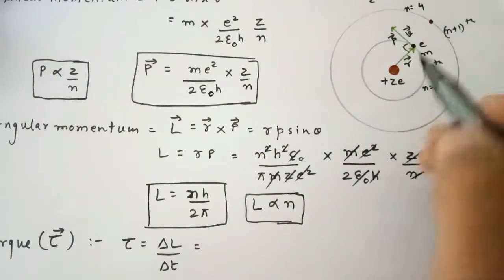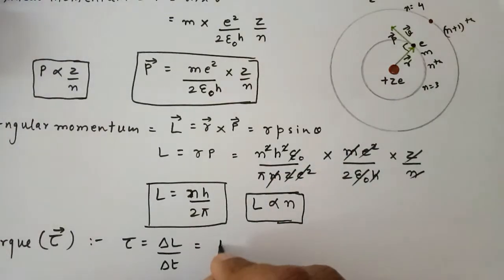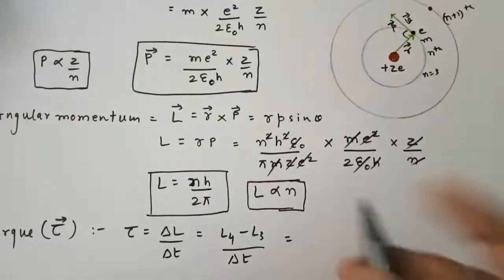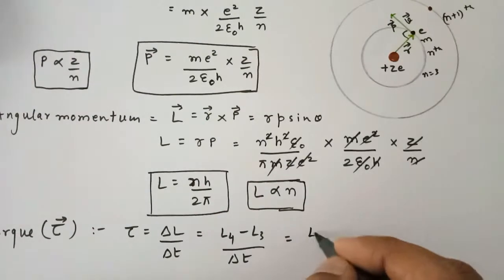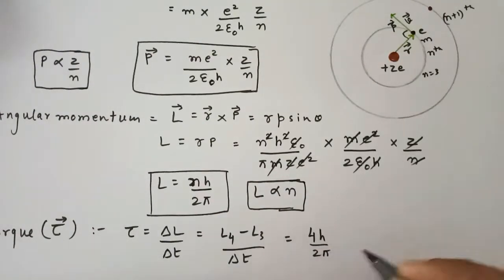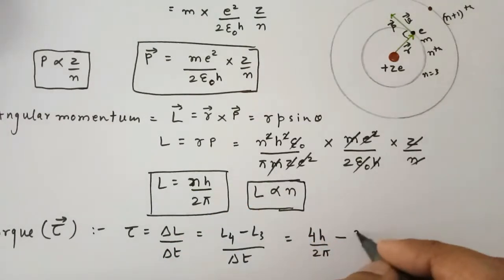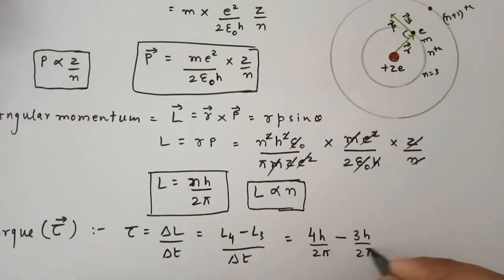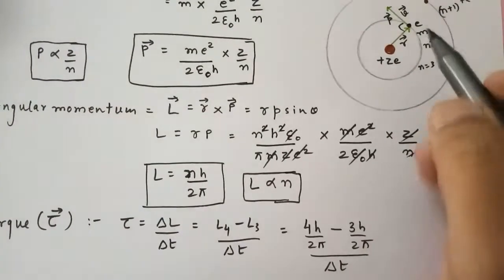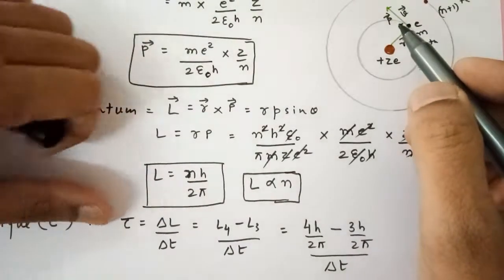Suppose the electron is jumping from 4 to 3, that means it is L4, the angular momentum of 4, minus the angular momentum of 3, upon delta T. So L4 would be equal to 4h upon 2 pi minus the third orbit, 3h upon 2 pi, divided by delta T, the time taken by an electron to jump from n equal to 4 to 3.